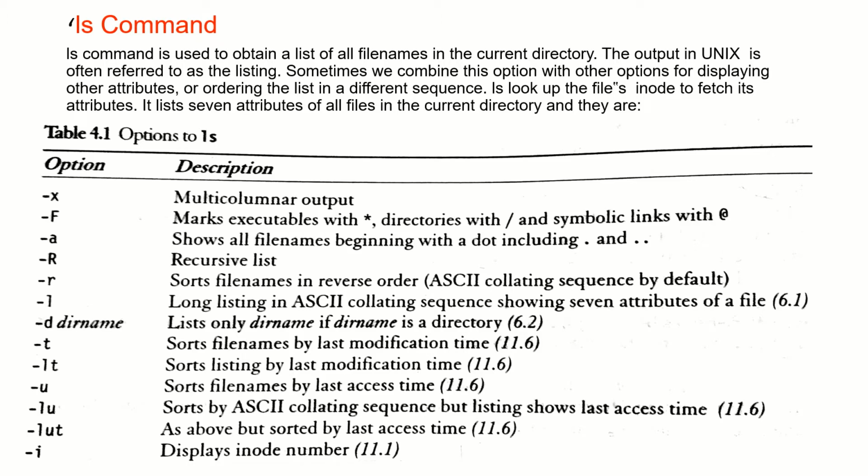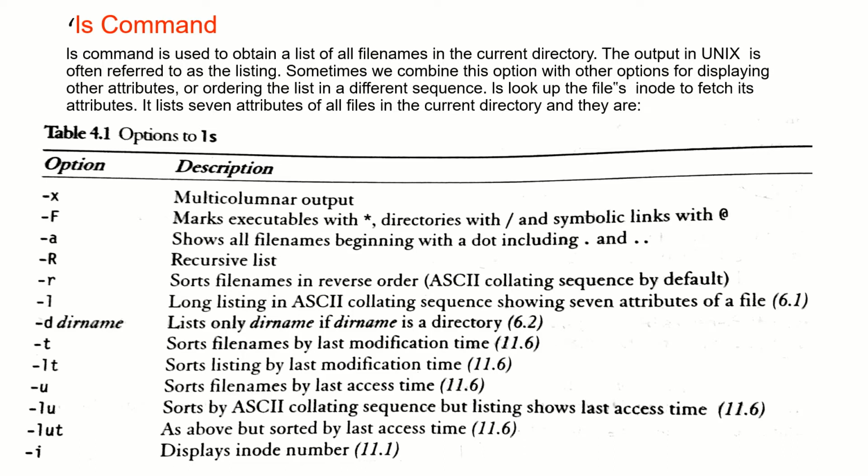-x gives multiple column output display, ls -F marks executables with a star, directories with a slash, and symbolic links with an at symbol. -a with ls shows all files beginning with dot, including single dot and double dot. -R displays a recursive list of files.